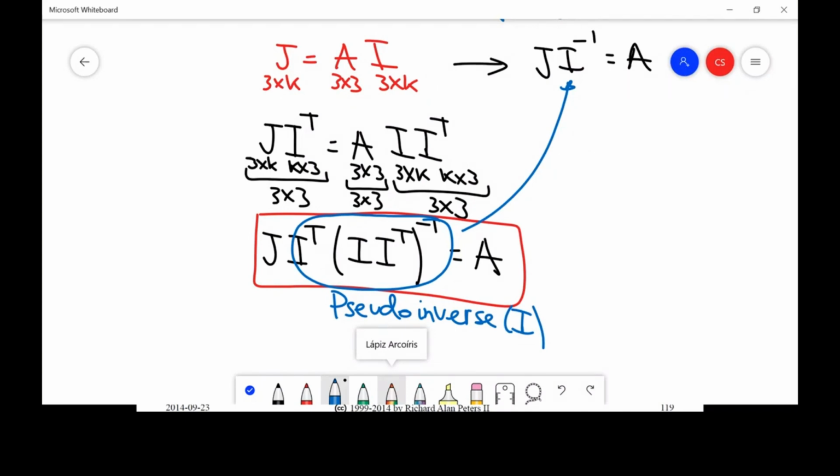The full name, thanks to the people who discovered it, is Moore-Penrose pseudo-inverse. I think, but I'm not sure, this Penrose is the same Penrose that received this year the Nobel Prize in Physics.